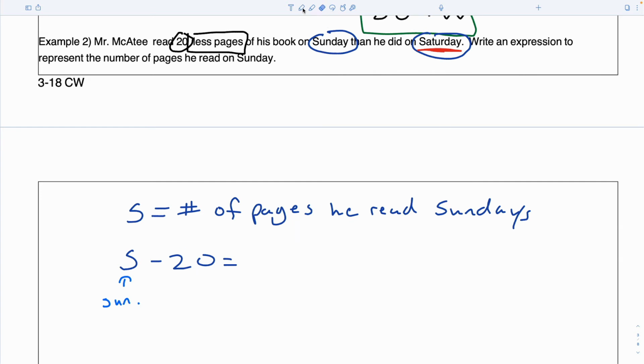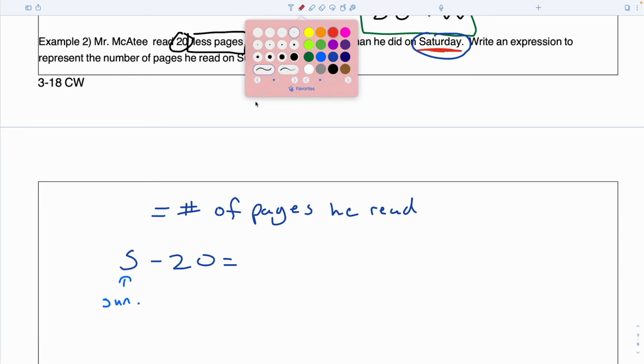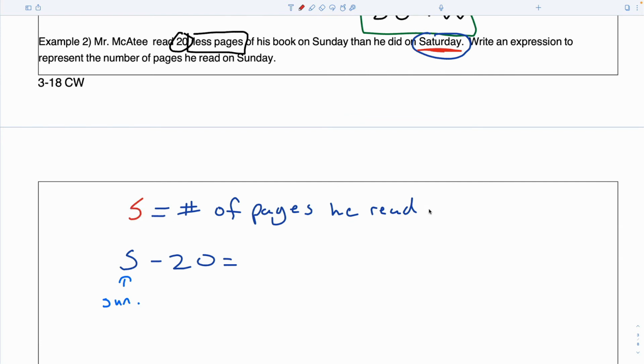let's make Saturday equal S. So if we go S being Saturday instead of Sunday, let's make the S Saturday. And you can make the variable anything that you want, but we'll just make it S again. Number of pages he read on Saturday. He read 20 less pages on Sunday than Saturday.